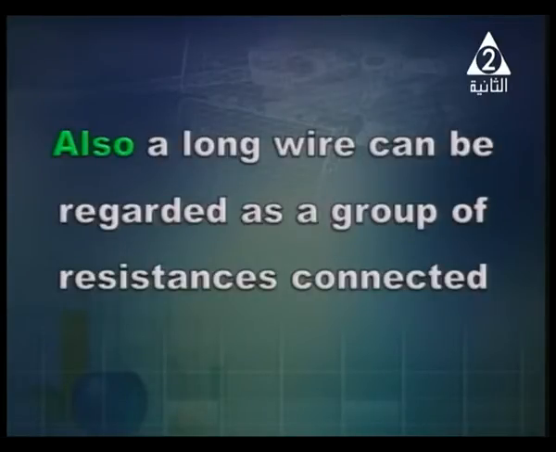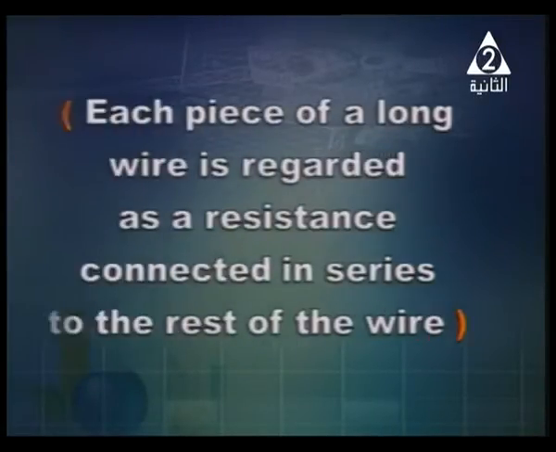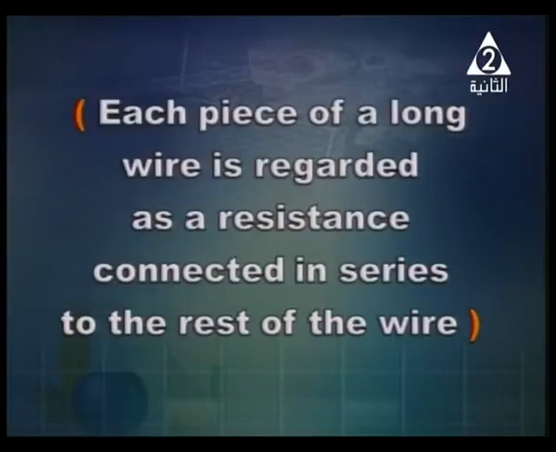Also, a long wire can be regarded as a group of resistances connected in series. And when we connect in series, the total resistance increases, so their resistances are added together. That's to say, each piece of a long wire is regarded as a resistance connected in series to the rest of the wire.